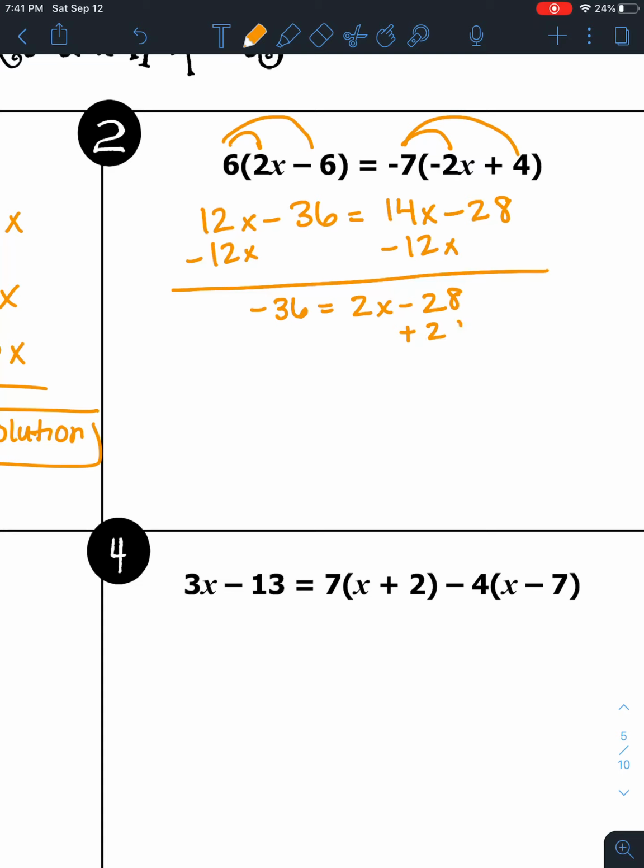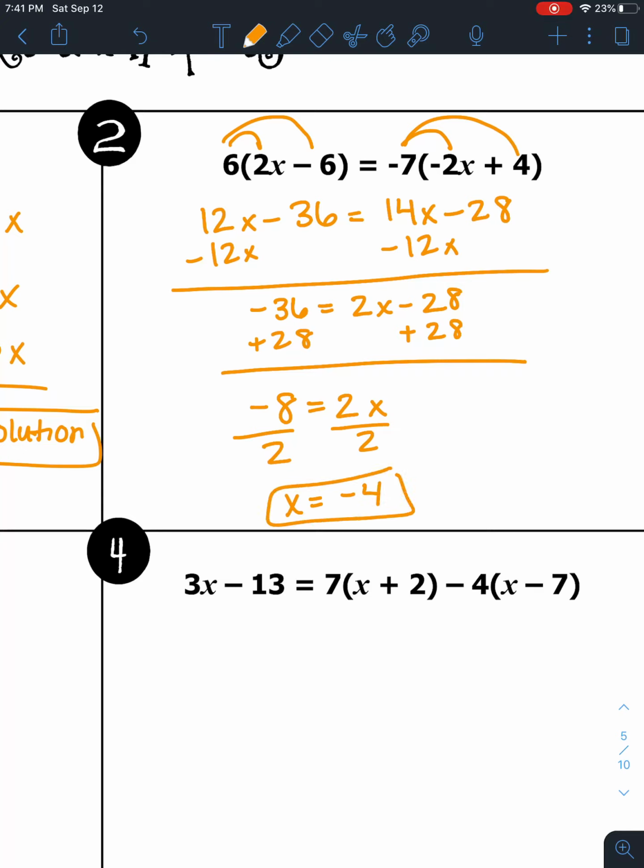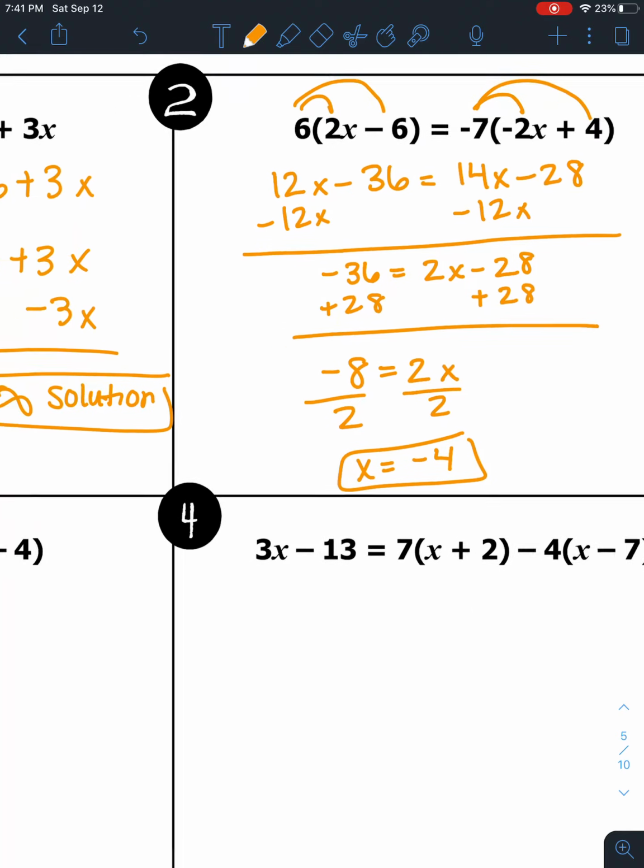I'm going to add 28 to both sides. That will give me negative 8 equals 2x. Divide by 2 for a final answer of x equals negative 4. So this is my solution. My solution is negative 4, one solution. Okay, let's try 3.